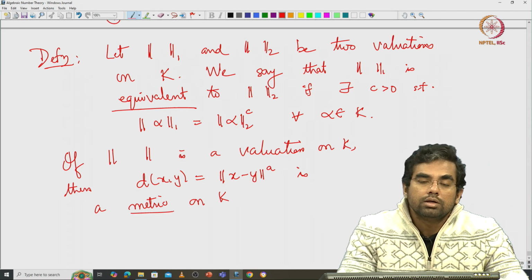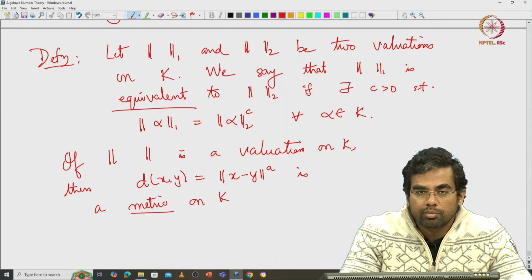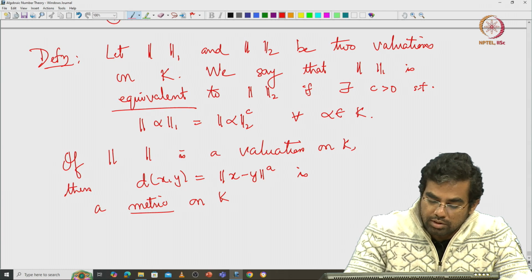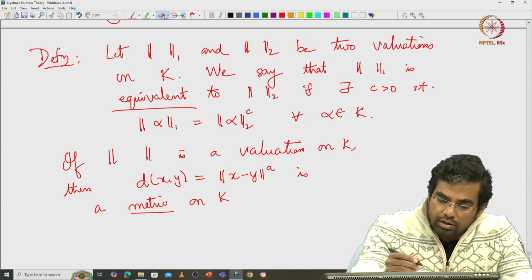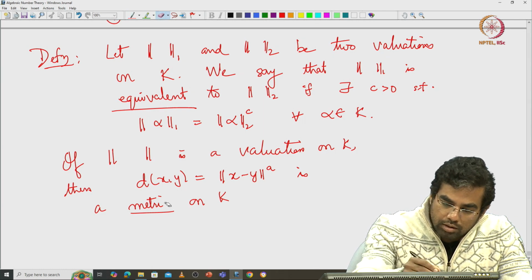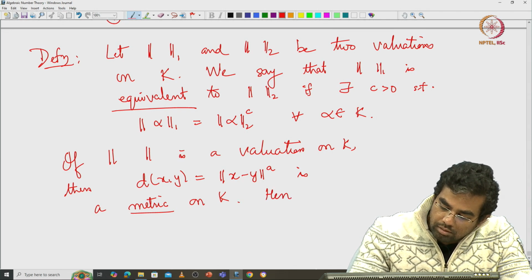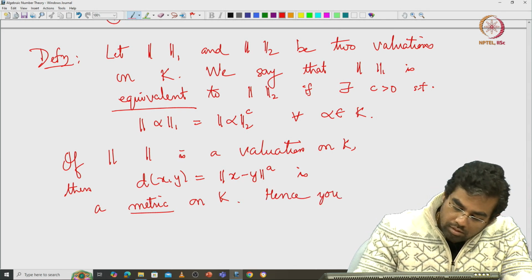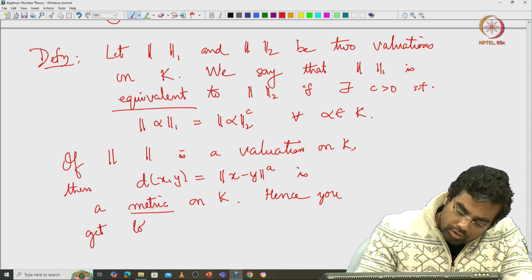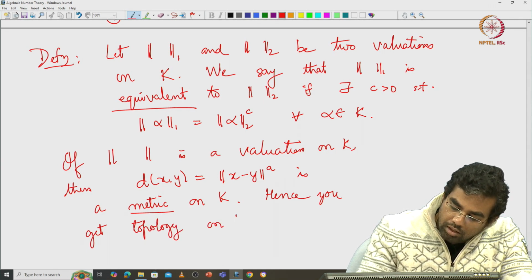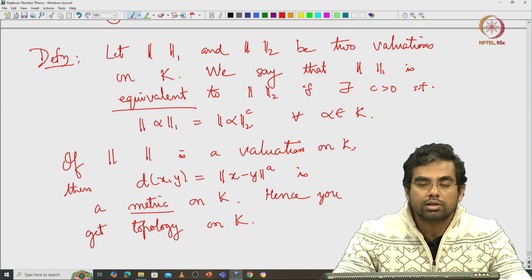What you learn in the first analysis course or maybe a basic point set topology course. So, this gives you a metric on K, and hence you get a topology. Once you have a metric, you can get a topology on K. I mean, having a metric is stronger than getting a topology.